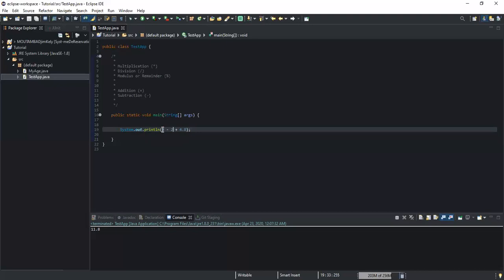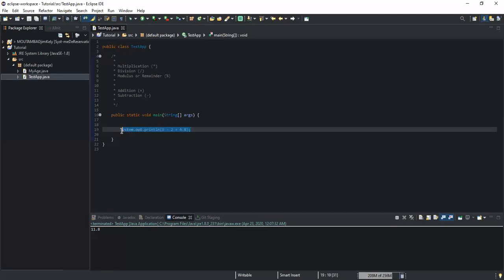But that integer, if we add it to a floating point number, then that's where we apply the rule where the integer needs to be treated as a floating point number.